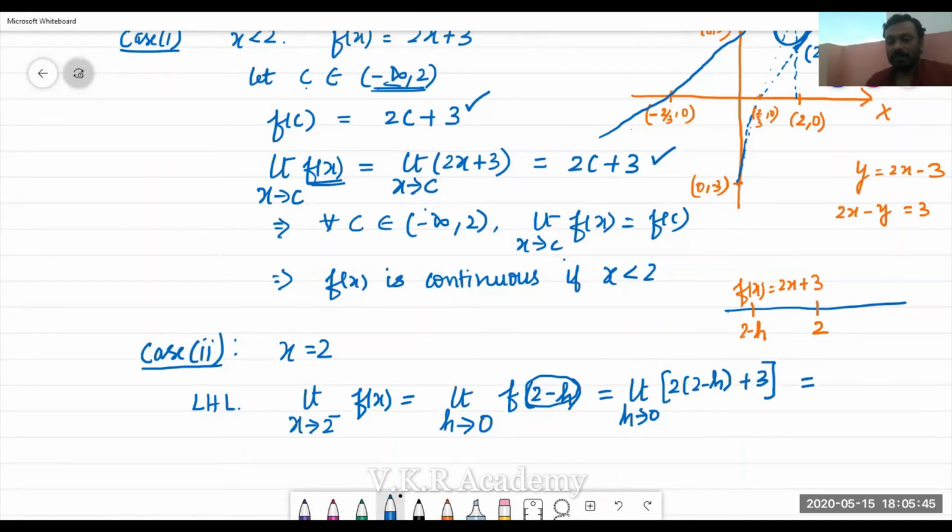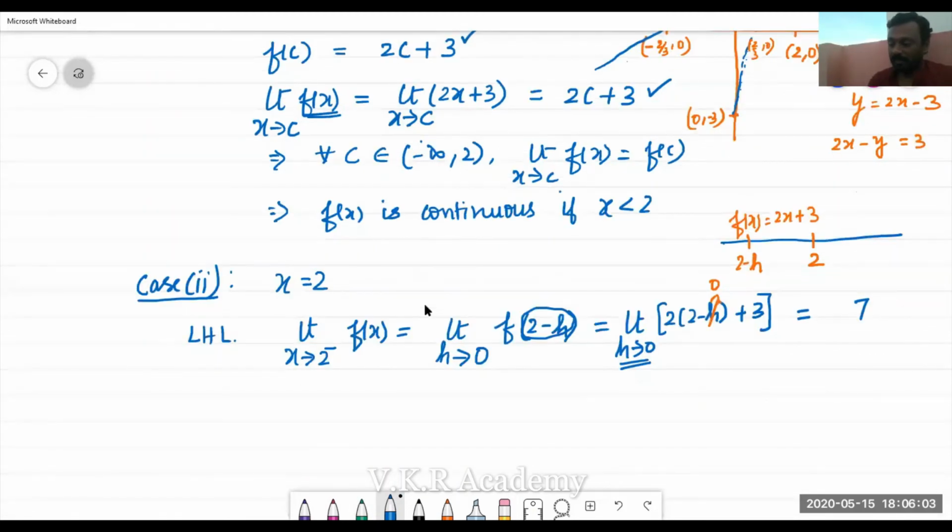In this, if you allow h is equal to 0, we get 4 plus 3, that is equal to 7. Because the limit is h tends to 0, you have h is equal to 0. Now let's take the right hand limit.